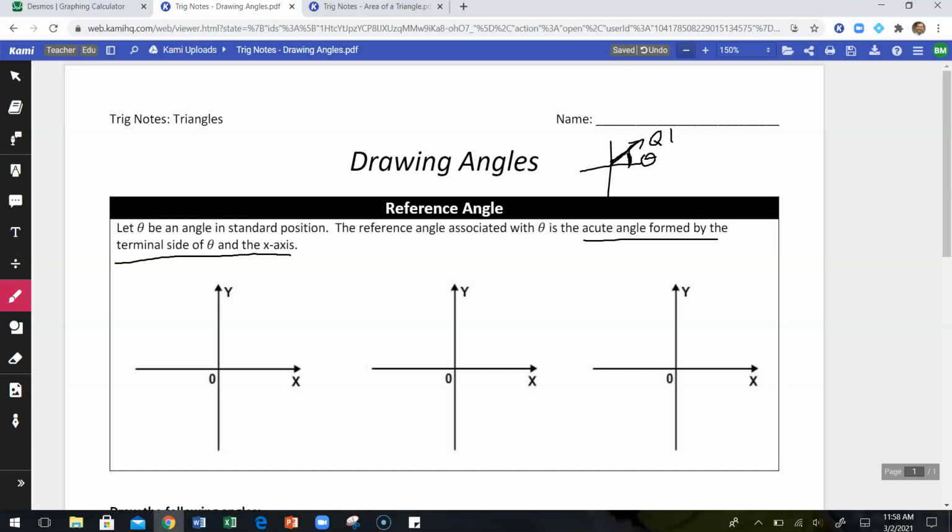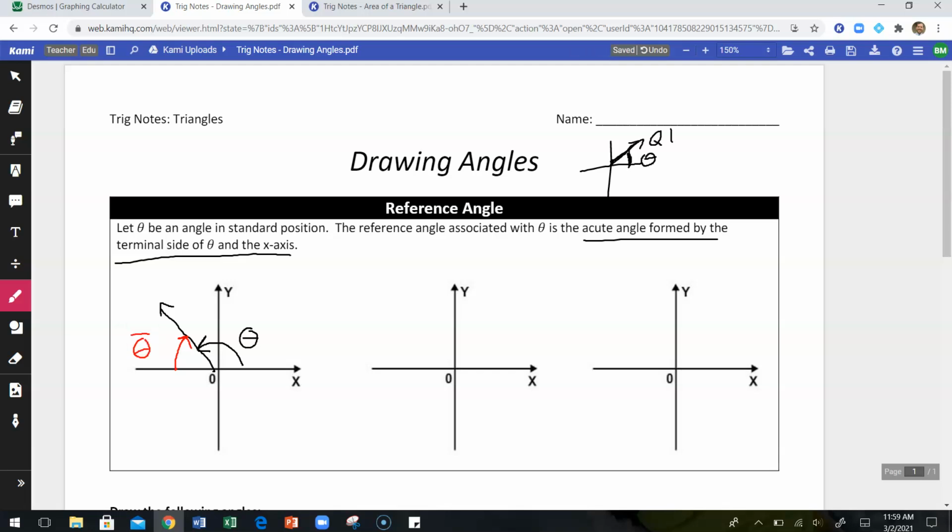Well, if the angle is in quadrant 2, let's say I have some angle that ends up in quadrant 2. The way I draw this angle, I always start at the positive x-axis and go to its terminal side, so that would be the angle theta. The reference angle is the acute angle with the x-axis, so it would be this angle here.